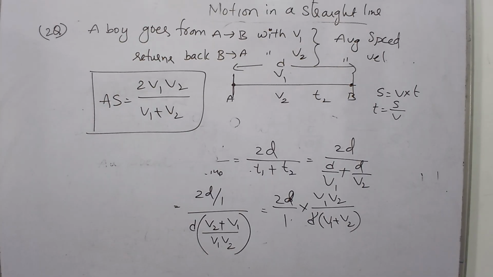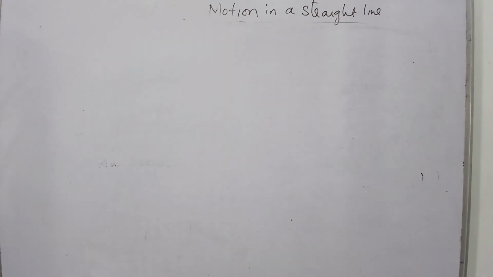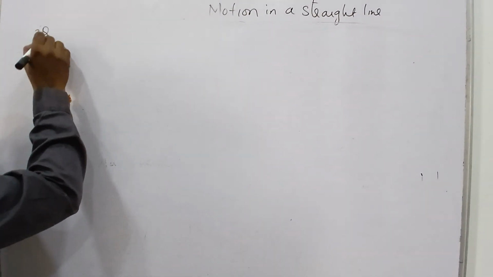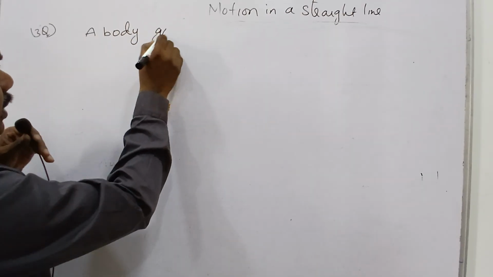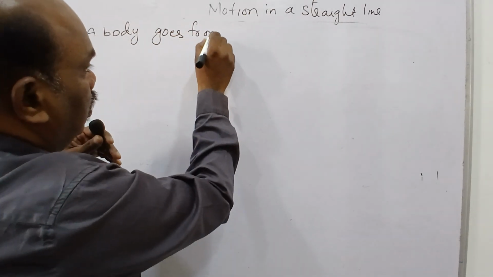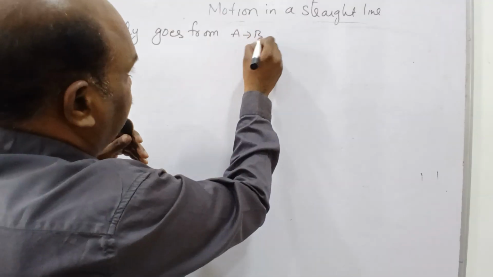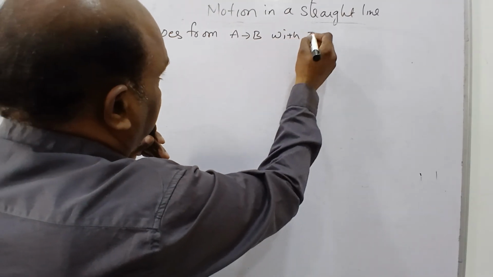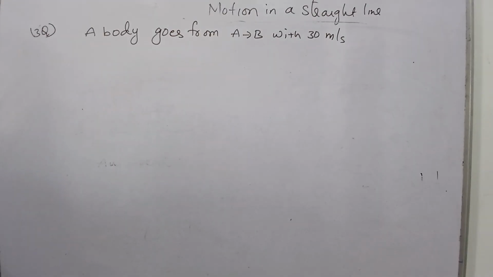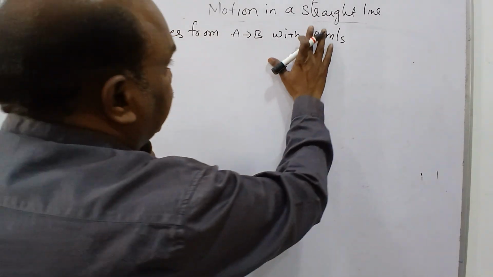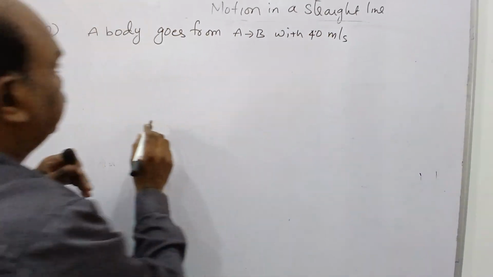Important numerical. Next, from the above formula we will do one numerical. Question number 3. A boy goes from A to B with 40 meter per second.